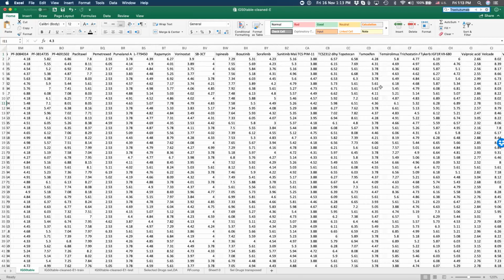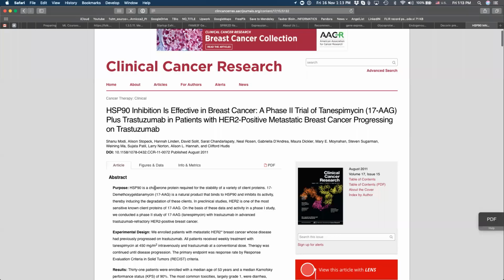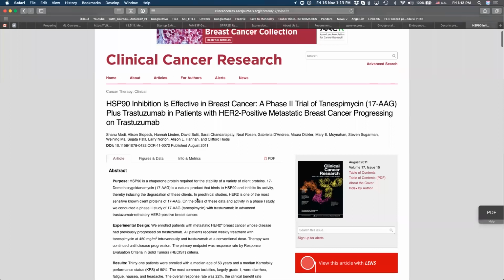Okay, maybe not. But what we do know is that you can see here HSP90 is a chaperone protein, and this is a natural product that binds to this and inhibits its activity, inducing degradation of these clients. In a preclinical study, HER2 is one of the most sensitive known client proteins.